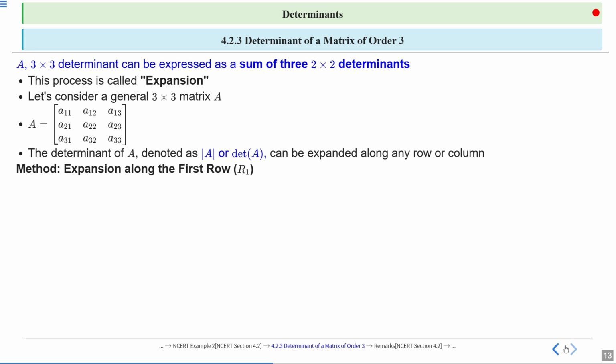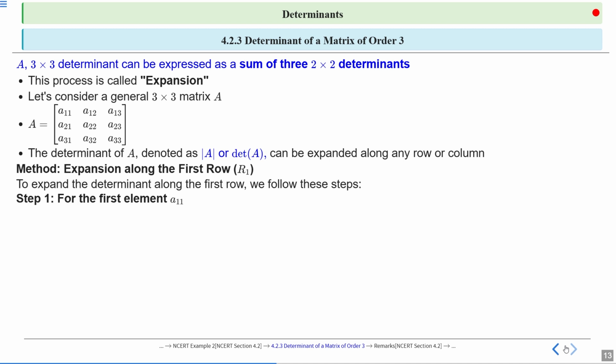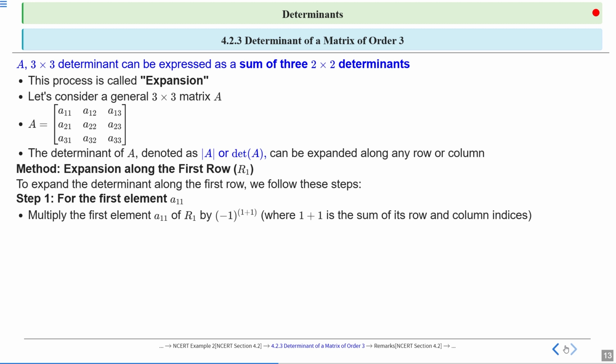The first row is A11, A12, A13. Step 1: for the first element A11, we multiply A11 by -1 to the power 1 plus 1, where 1 plus 1 is i plus j, the sum of its row and column indices, since A11 is present in the first row and first column.